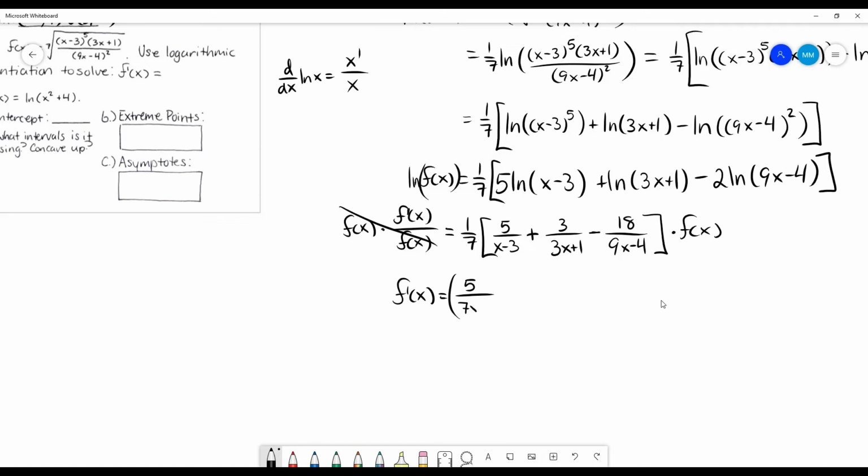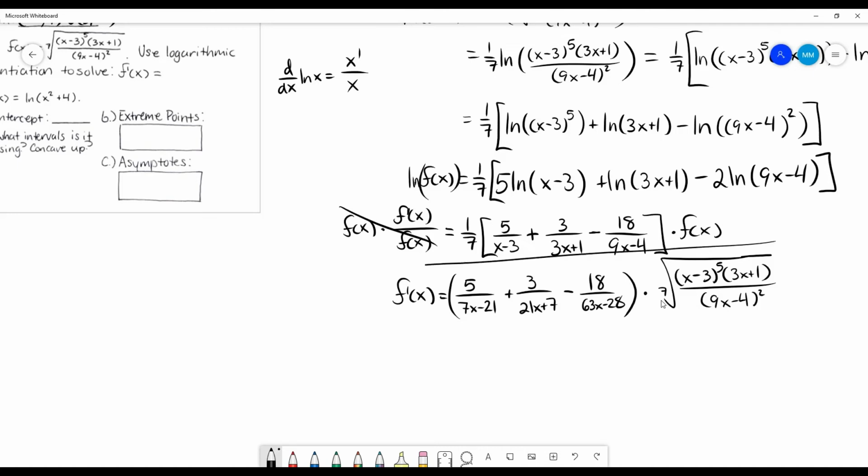So it's going to be 7x minus 21 plus 3, 21x plus 7 minus 18, 63x minus 28, all times that original function, the 7th root of all of this. So this is the derivative of f of x.